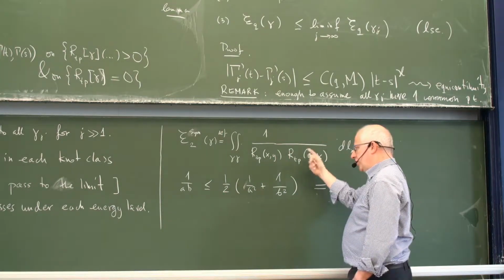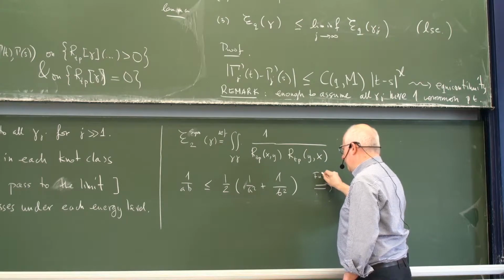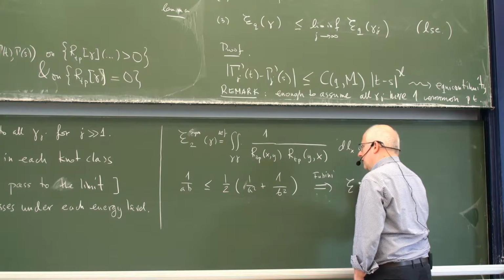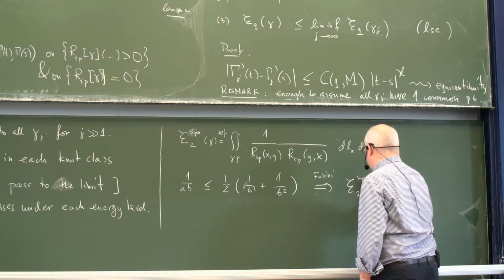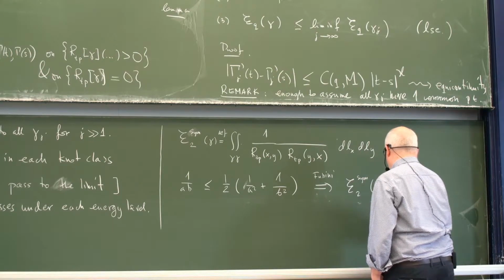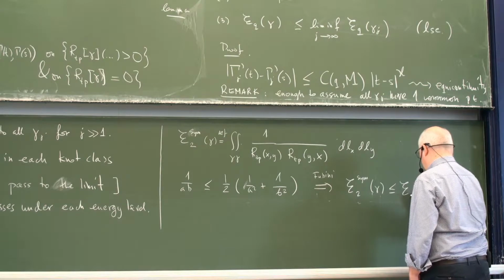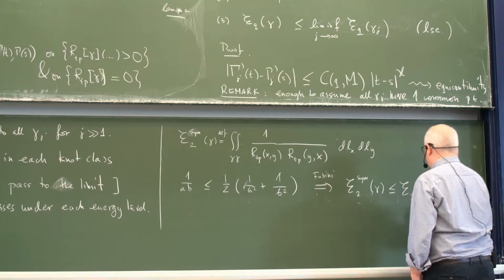Using this inequality for the integrand and the Fubini theorem, you prove that the symmetric version of E2 is below the non-symmetric version of E2.